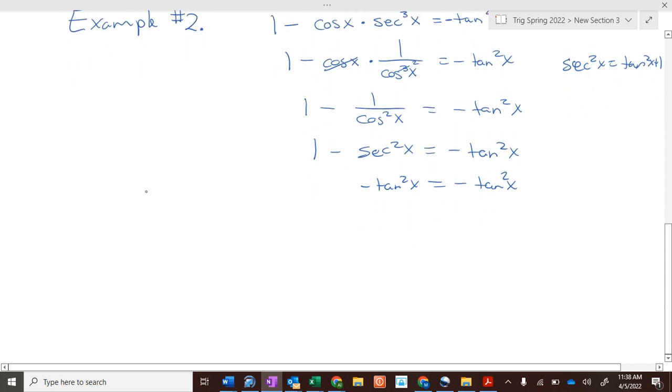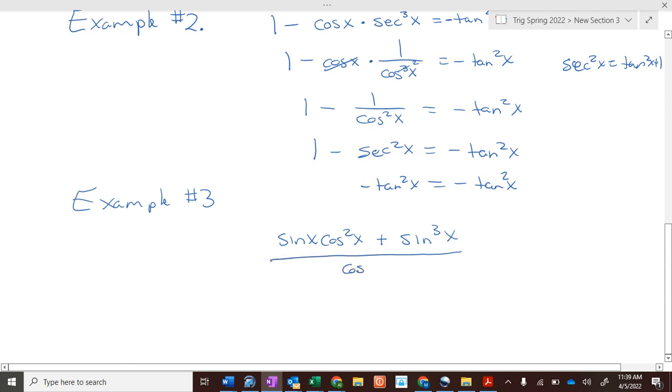Let's do one more example. Example number 3. Sine of x cosine squared of x plus sine cubed of x over cosine of x equals tangent squared.